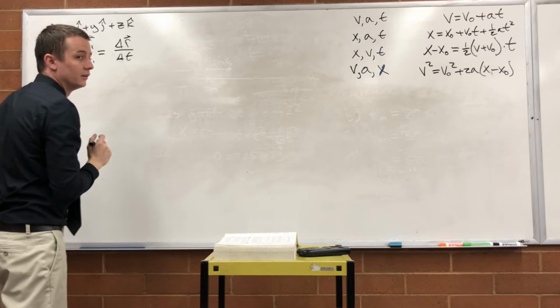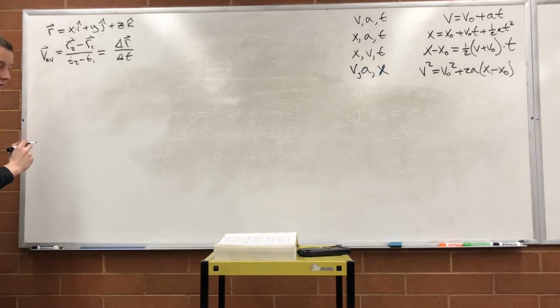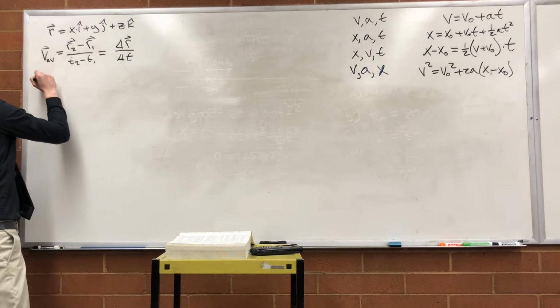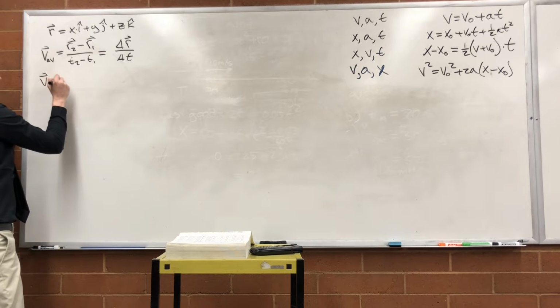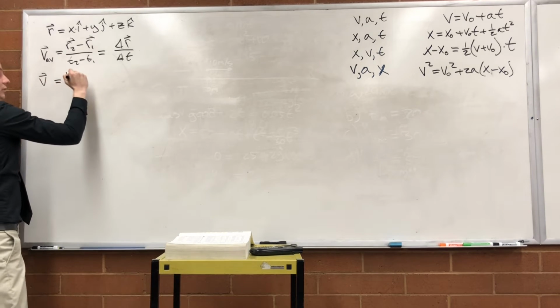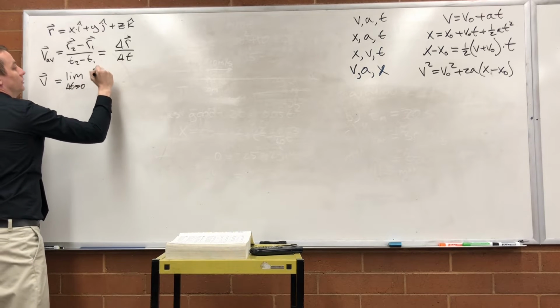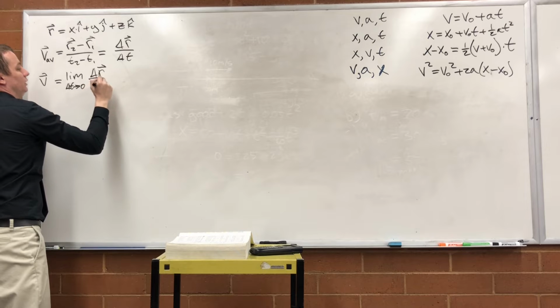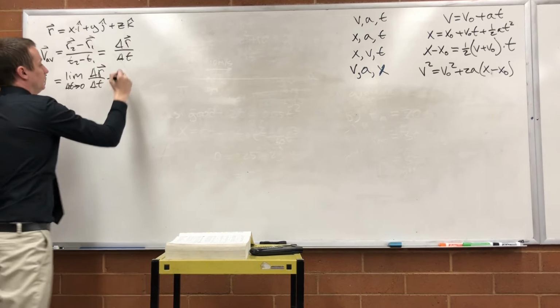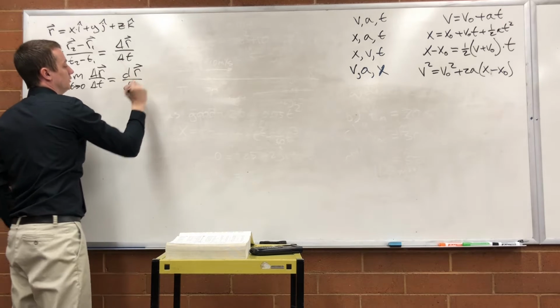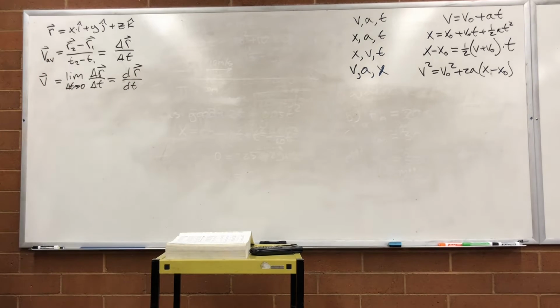And once again, if we want your velocity vector, or your instantaneous velocity, that is going to be the limit as delta t approaches 0 of delta r vector over delta t, which is equal to the derivative of your r vector with respect to t. Do derivatives work the same with vectors? Yes.